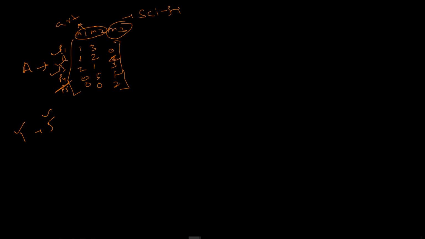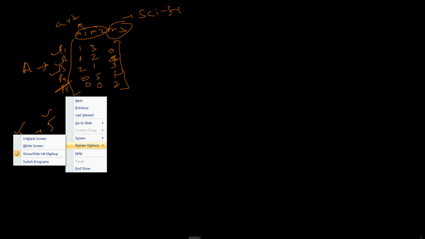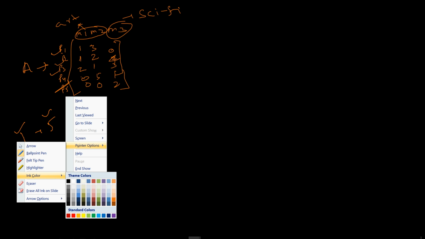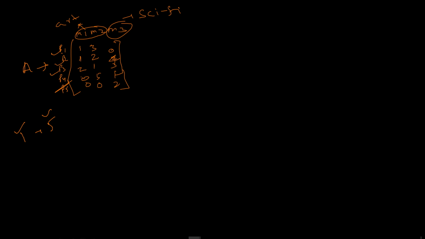Similarly, if you decompose, you will get U sigma V transpose. Suppose you are getting 0.6, 0.7, 0.8, 0, 0, 0, 0, 0.1, 0.7, 0.4, and one more column 0.2, 0.3, 0.5, 0.